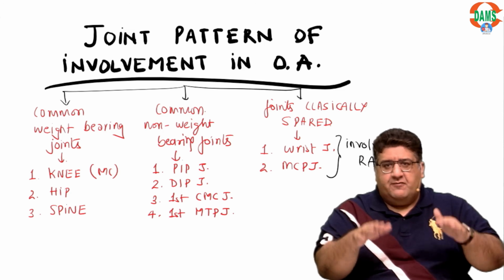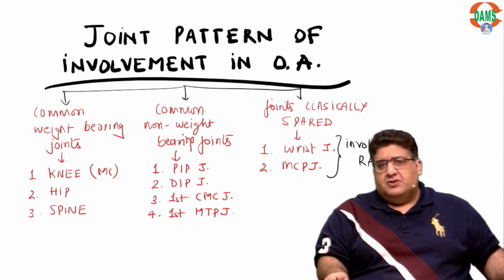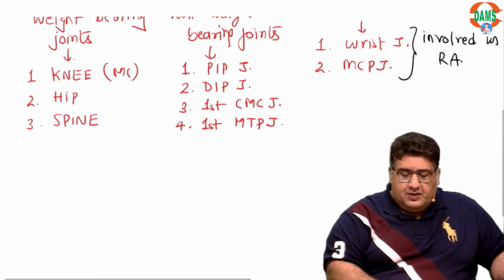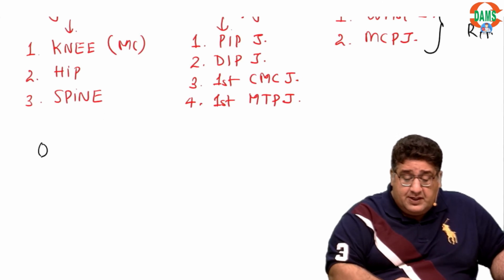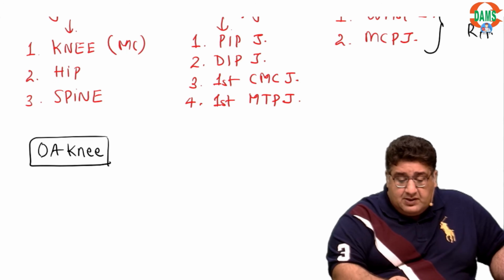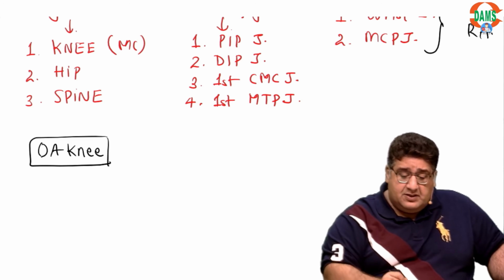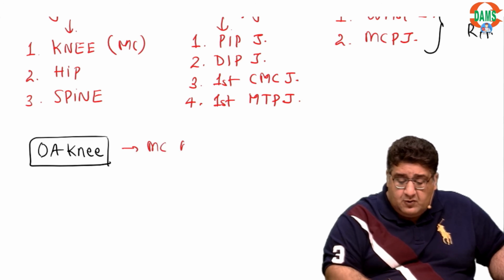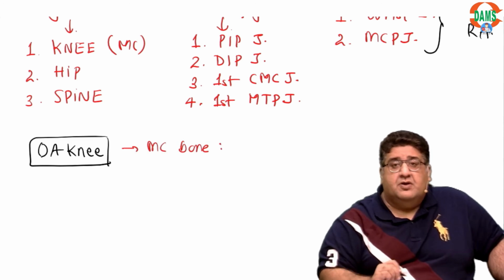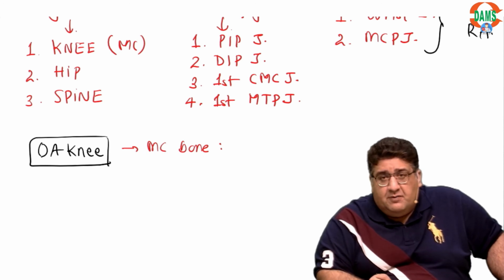Moving one step further, since you have watched this video till this moment, I want you to understand that in osteoarthritis, we have already come to the conclusion that the most common joint is the maximum weight bearing joint, that is knee. But in osteoarthritis of knee, can you tell me which is the most common bone involved? It's not femur, by the way.